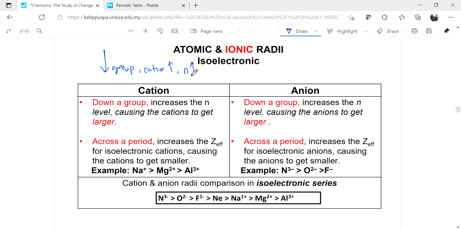Across a period, the nuclear charge increases. It will increase the effective nuclear charge for isoelectronic cations, causing the cation to get smaller.